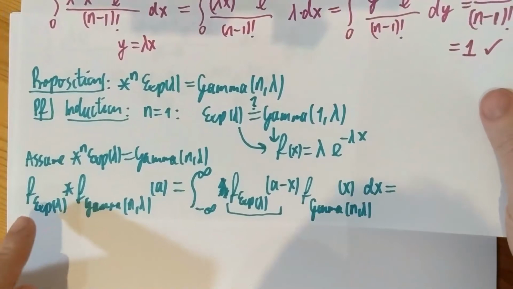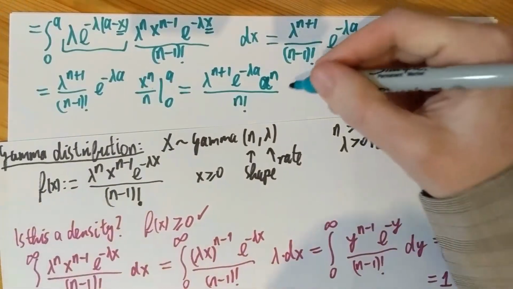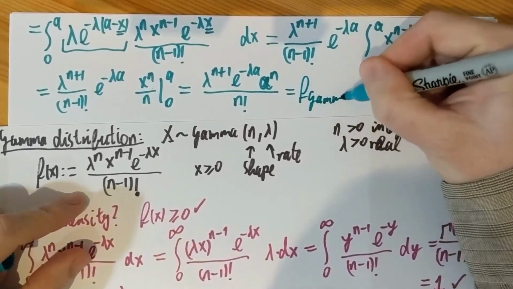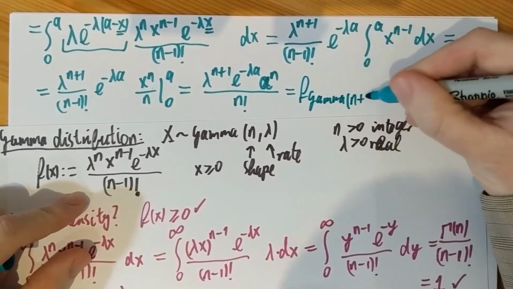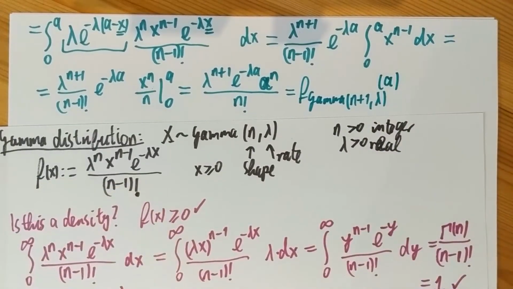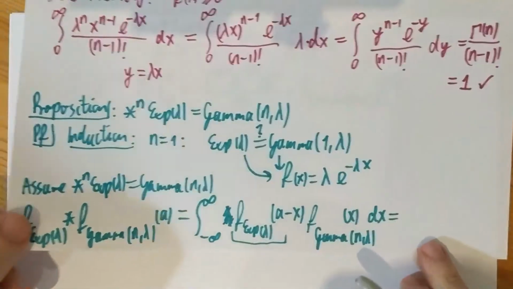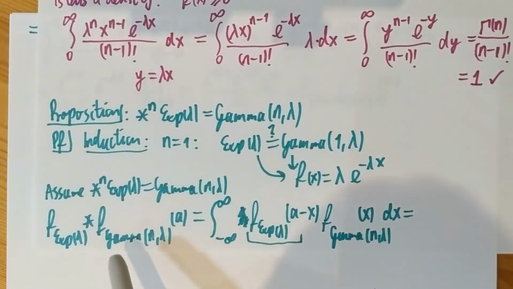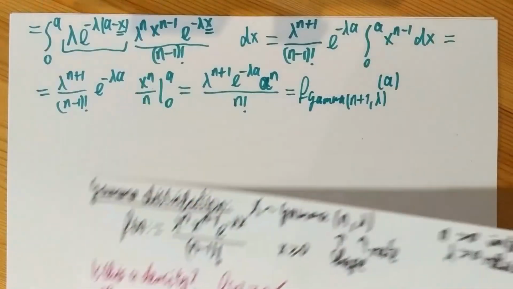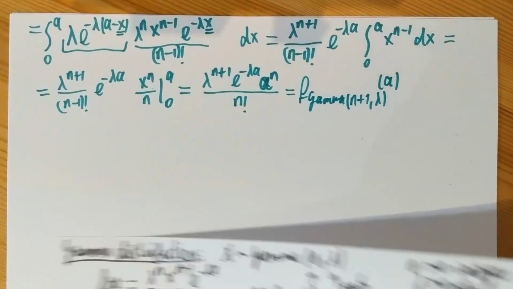So the convolution we started with actually turns out to be the density of gamma of n plus 1 and lambda at a. Okay? And that's what we wanted to see, because we wanted to add independent gamma and exponential random variables. We did the density convolution and we arrived at gamma.